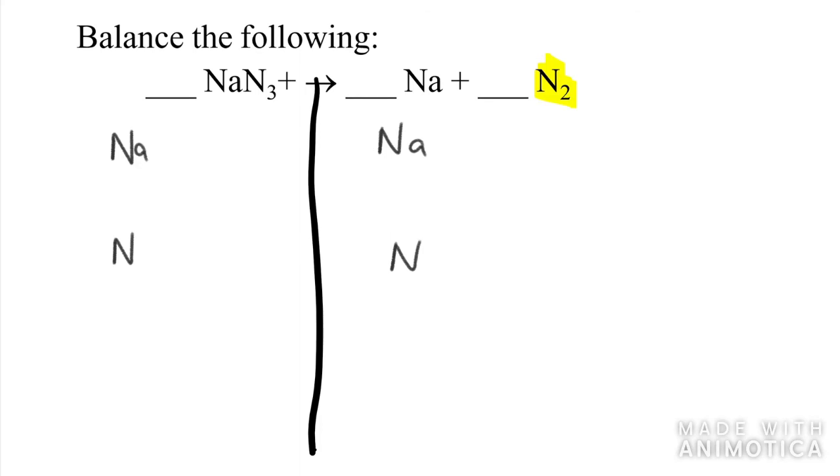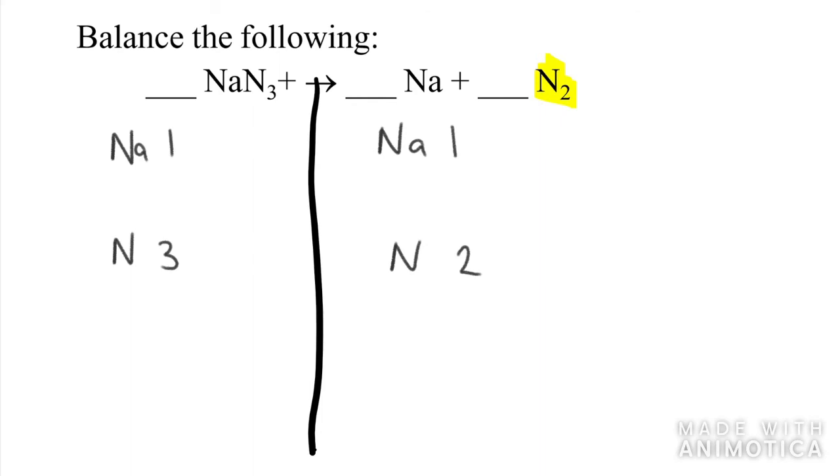Okay, let's see how many we have. Sodium, we have 1. Nitrogen, we have 3. Sodium, we have 1. Nitrogen, we have 2. So right now our Na's are balanced, but that's not going to stay that way. Now let's look at here. We have 3 nitrogens on this side and 2 nitrogens on this side.